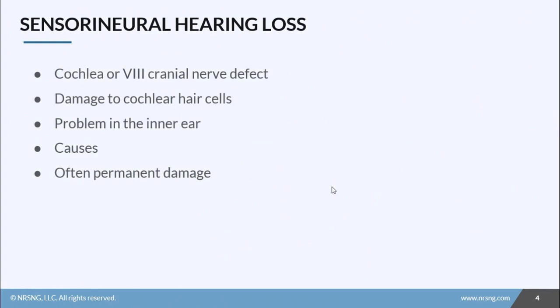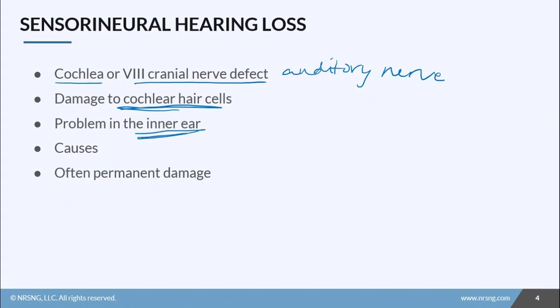Okay, guys, so sensorineural hearing loss is a defect in the cochlea itself, or a defect of the eighth cranial nerve. So that's the auditory nerve. This is also caused by damage to the cochlear hair cells as well. Unlike conductive hearing loss, sensorineural is a problem in the inner ear.